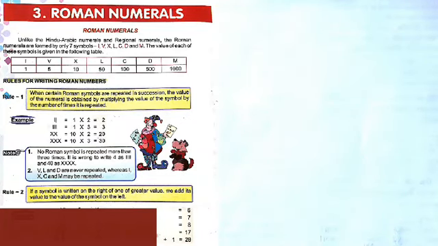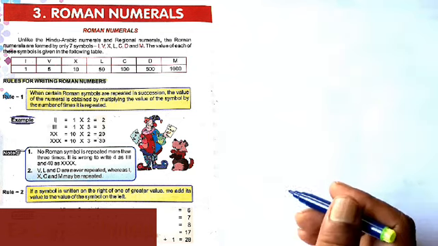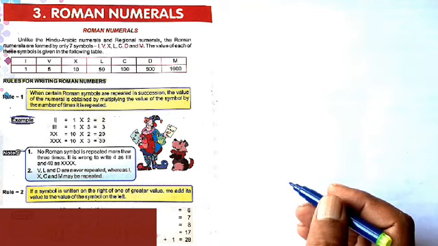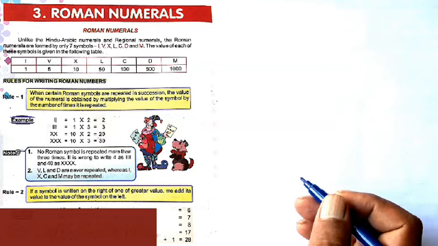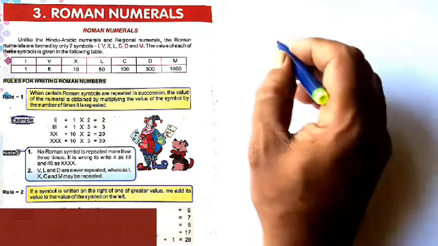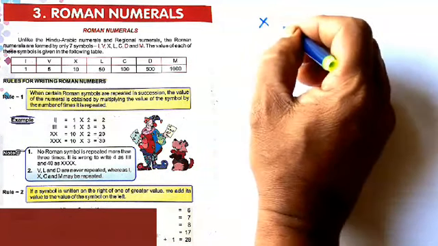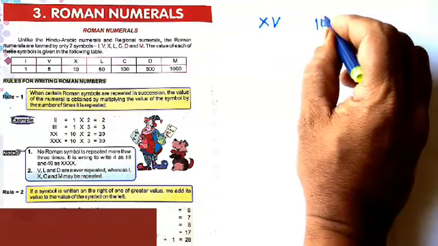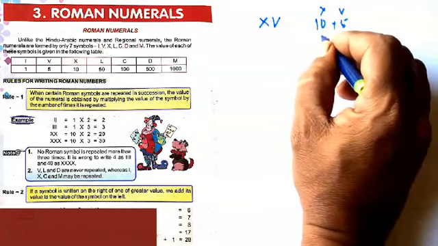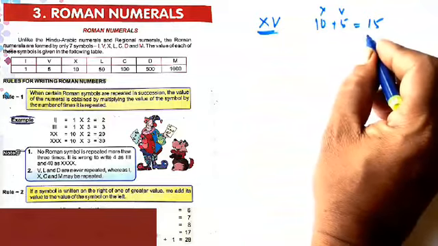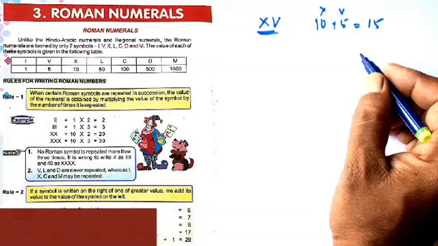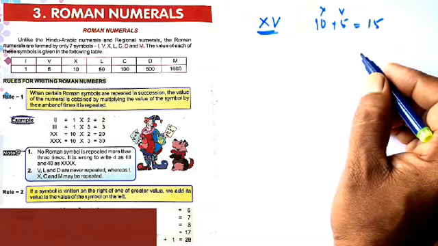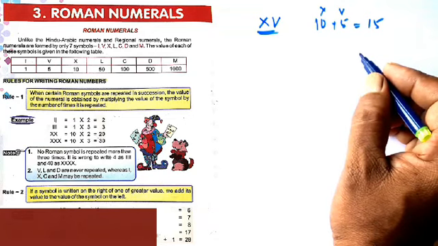Next rule, if a symbol is written on the right of one of greater value, we add its value to the value of the symbol on the left.